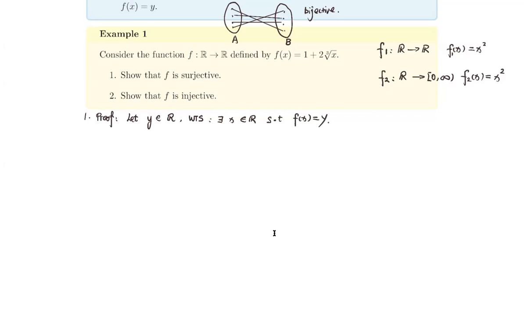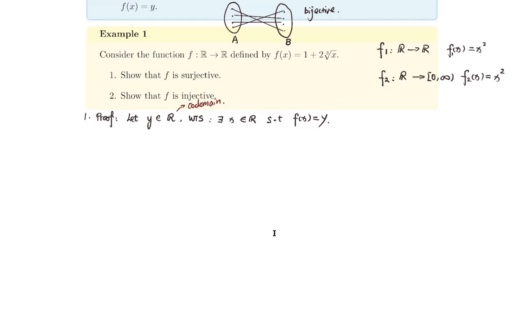Okay, so this is what I want to prove. I pick an arbitrary element y from my codomain, okay? And I want to show that there exists x in the real numbers such that f of x equals y.